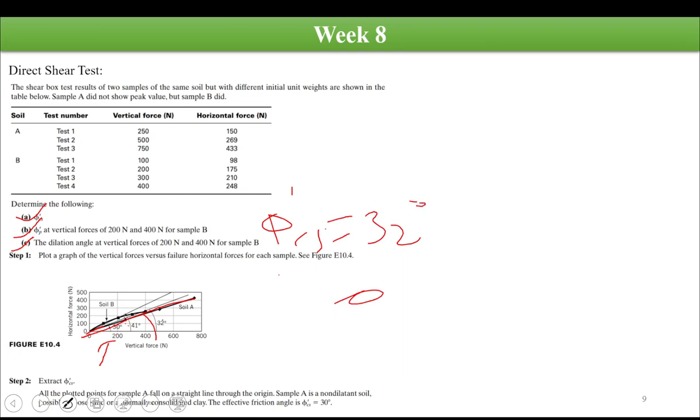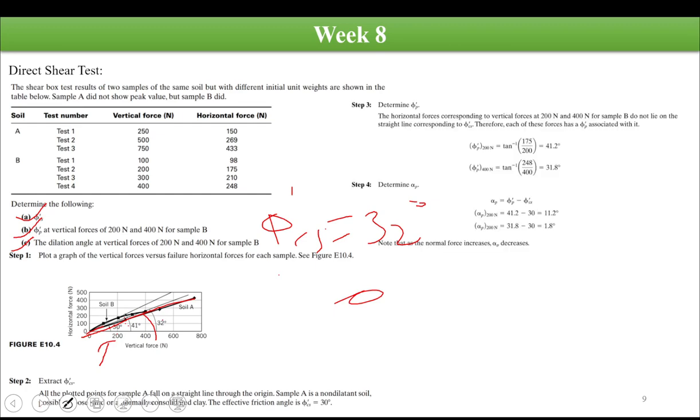And when we move further, we can obtain the value of phi dash peak at two stress conditions as asked in the question. The first one is for the 200 Newton vertical force, and the second one is for the 400 Newton vertical force.